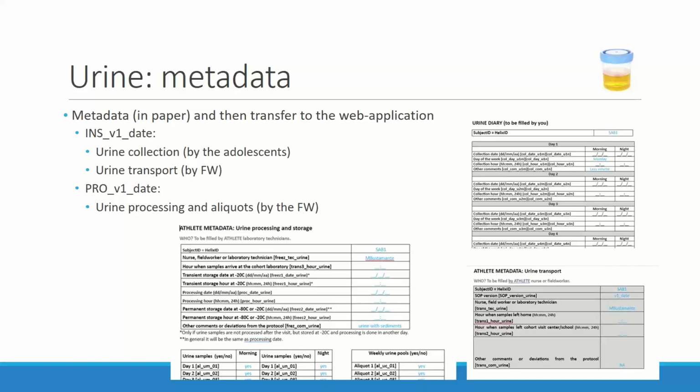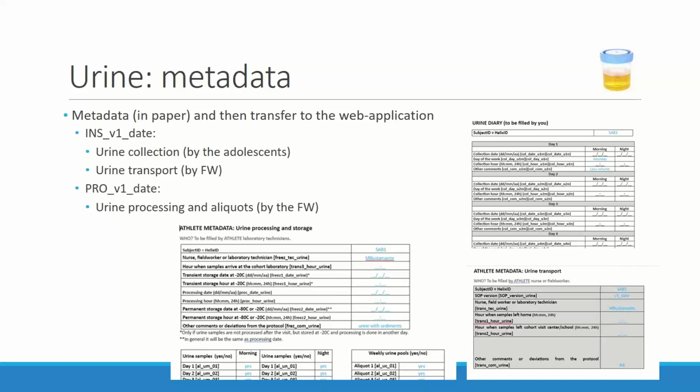I don't know if it's the case in the other cohorts, or if they prefer to enter the data directly into the software. But at the beginning, you will have to use paper in any case. I think it's good to have two options. I also would prefer to work with paper, especially in the lab, because it's easier.